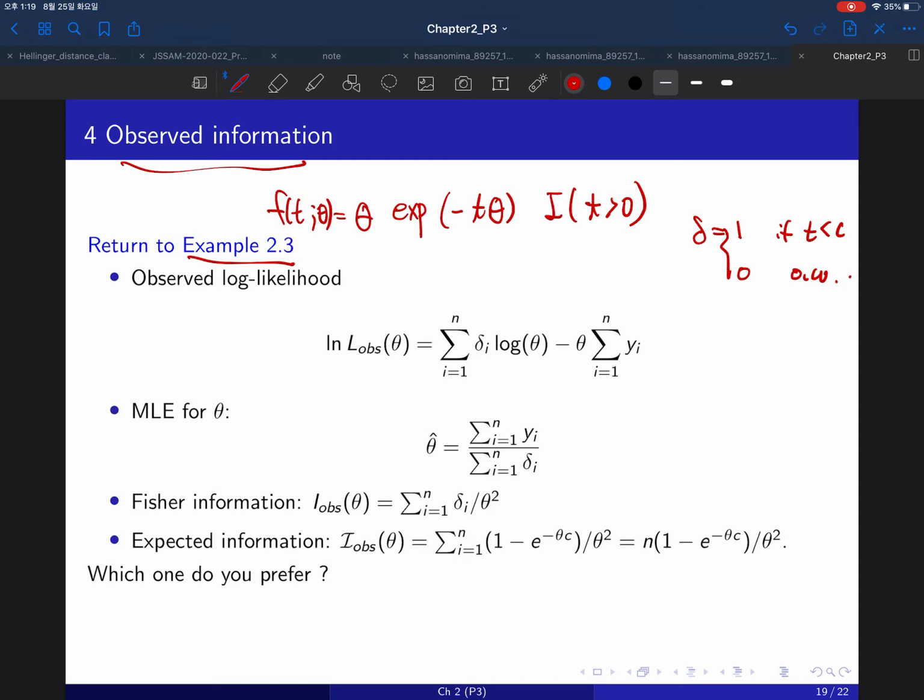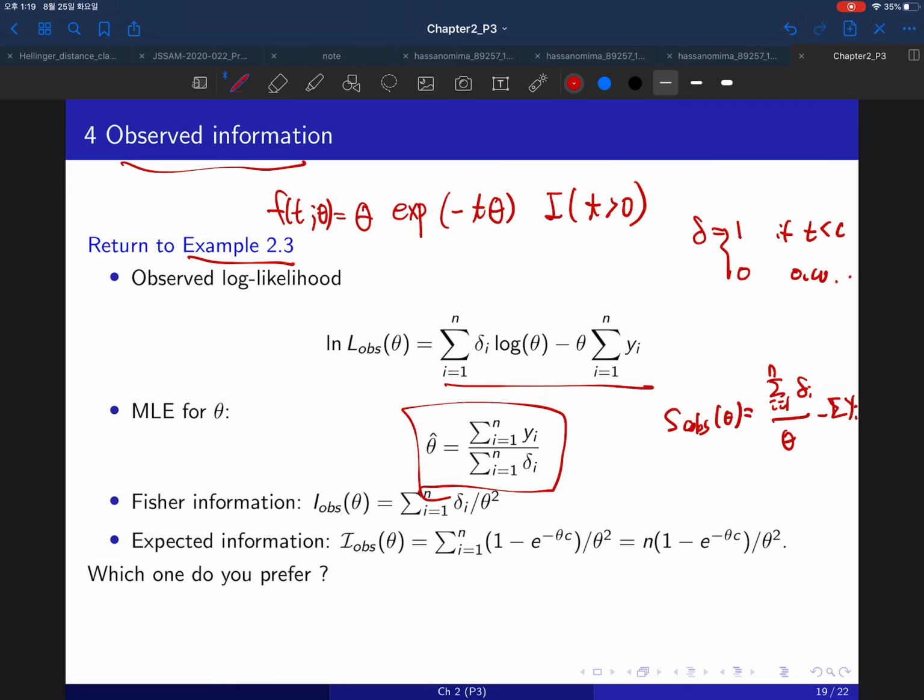So in this case, the observed likelihood function was this, the log function, and so the MLE, you can solve this, right? So the observed score function is obtained by differentiation: sum of delta i over theta minus summation y i. So that gives this estimator.